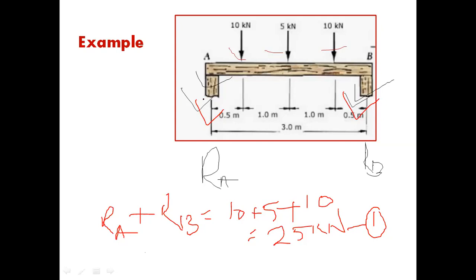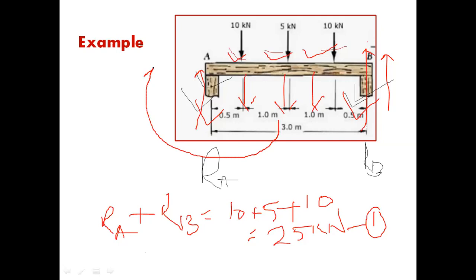The law of moments means that these two forces are in upward directions: the support at point B is in the upward direction, and point A is also upward. The other three forces, 10 kilonewtons, 5 kilonewtons, and 10 kilonewtons, are in the downward direction. Due to these downward forces, the beam tends to rotate in the clockwise direction.